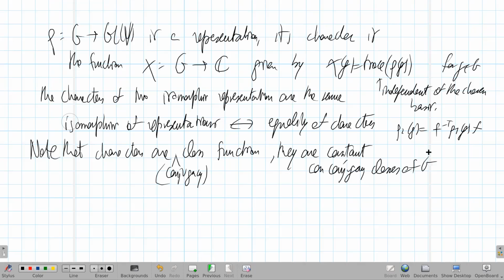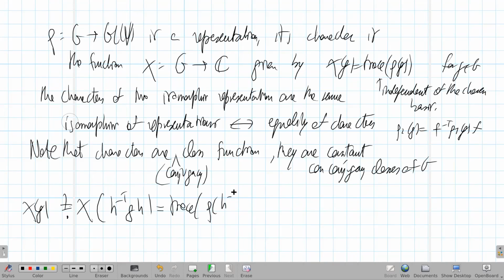Why is it so? Well, recall the fact, I have an element g, and then I conjugate the element, okay? And I want to prove that this is the same as chi of g, where chi is a character, okay? So it's constant on a conjugacy class. But the character is just the trace of rho of h g h inverse, and rho is a morphism.